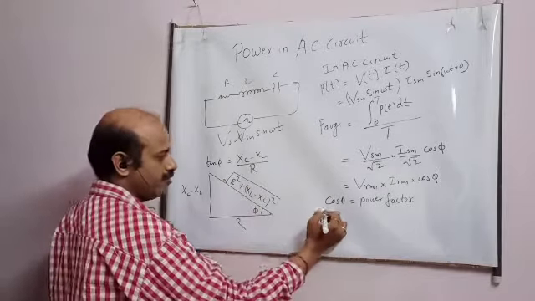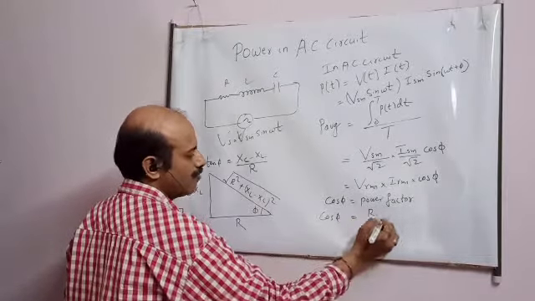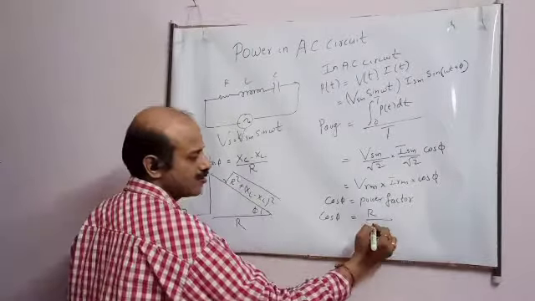So cos phi will be equal to R upon this factor, and this is known as impedance, student.